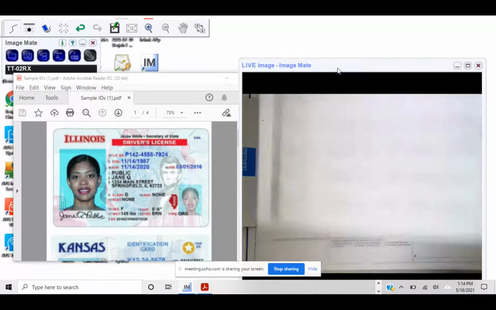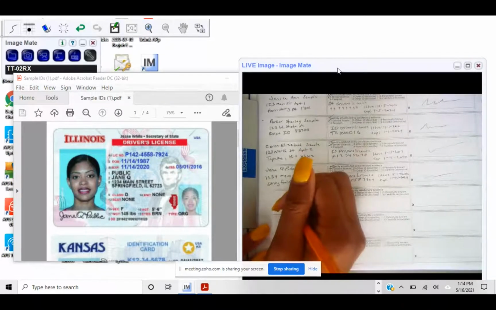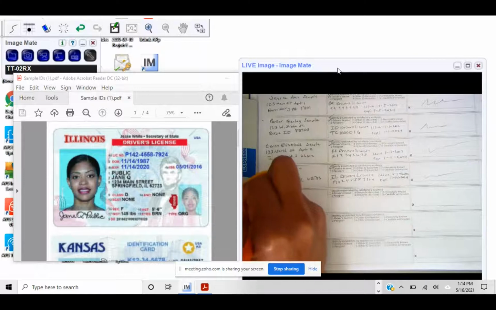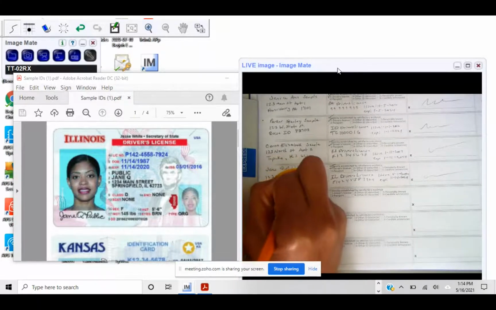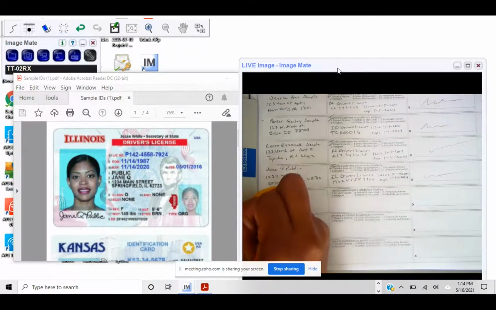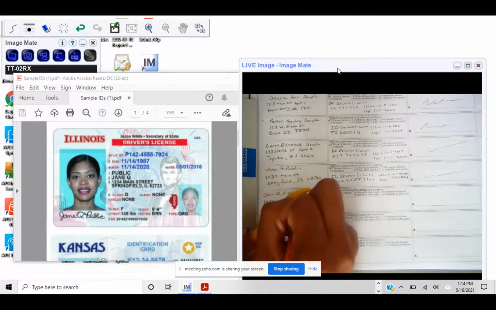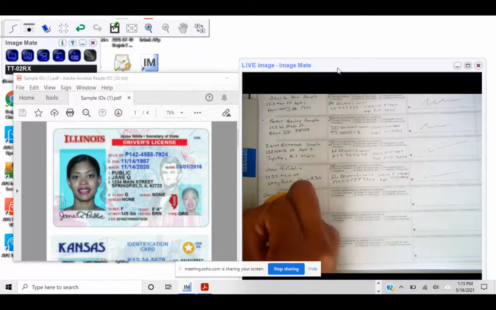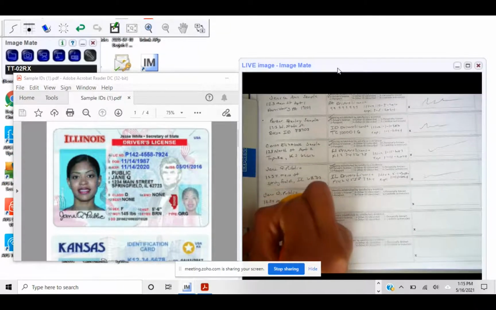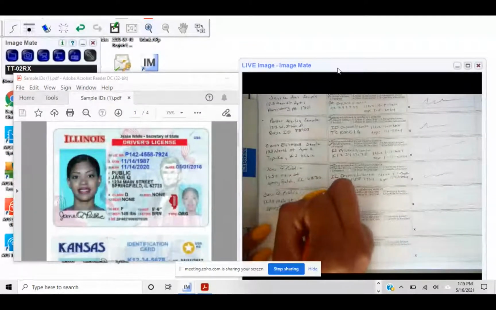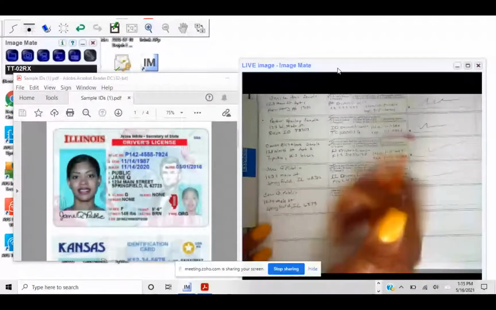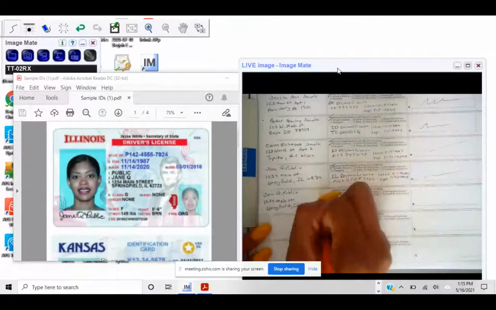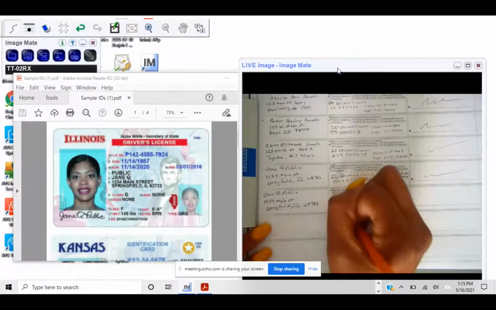So going to my next part here. I'm going to go ahead and put Jane's information. Jane Q. Public. 34 Main Street. Springfield, Illinois. 627. Oops. 723. Okay, she showed me a driver's license.